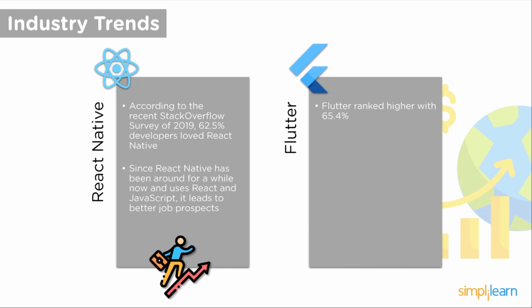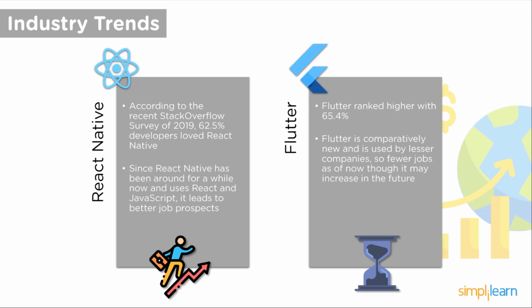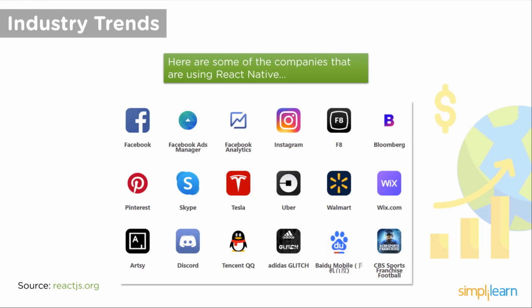And of course, that could be due to the time frames that both these technologies have been around. React has been around for quite a while, and hence the job prospects are much better, with a lot of organizations implementing this. Flutter has been a new entrant, and hence slightly fewer opportunities, as the penetration still needs to happen in the job market and from a developer skills perspective.